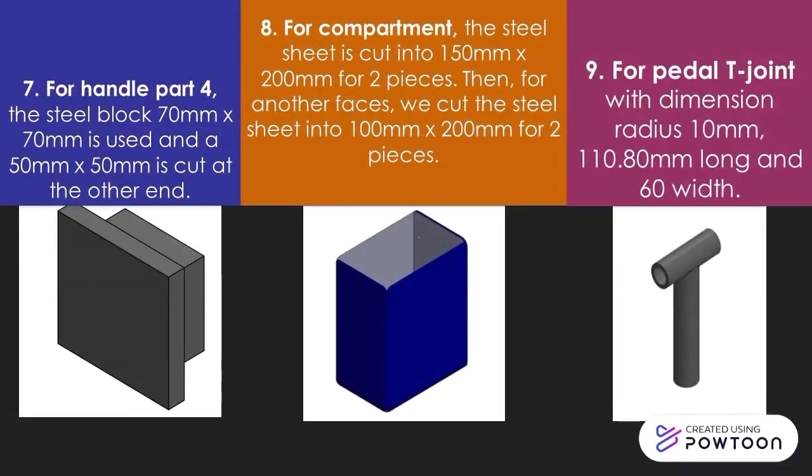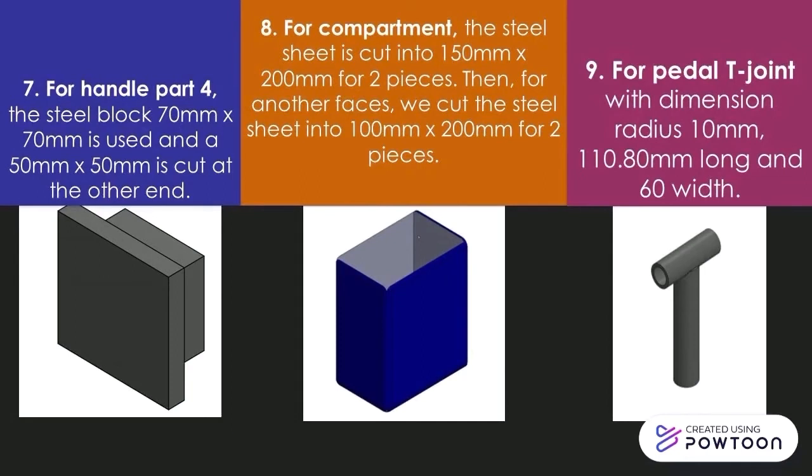For handle part 4, the steel block 70 x 70mm is used and a 50 x 50mm is cut at the other end. For compartment, the steel sheet is cut into 500 x 200mm into 2 pieces. Then for another phase, we cut the steel sheet into 100 x 200mm for 2 pieces.